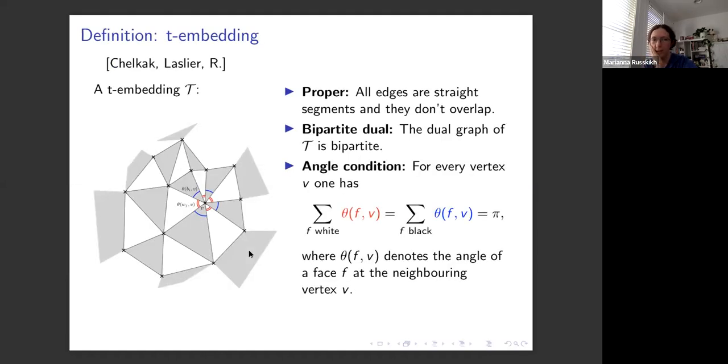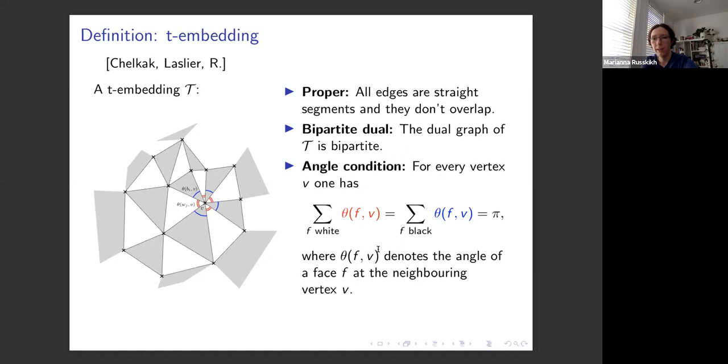Here is a slightly different definition, which we use in another project on the same embeddings. A t-embedding is a proper embedding, meaning that all edges are straight segments and they do not overlap. Also, the dual graph is a bipartite one, meaning that we can color the faces of such pictures in chessboard coloring, black and white, such that neighboring faces have different colors.